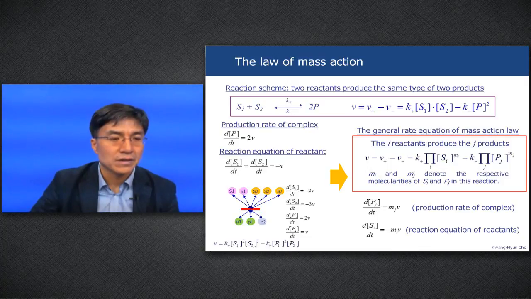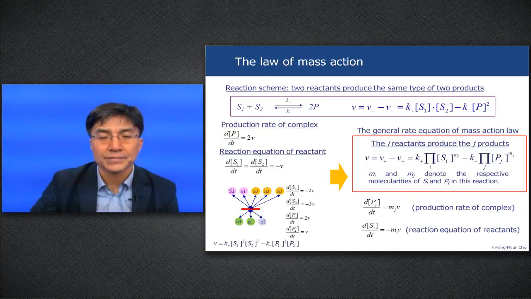So there is an increasing term that is proportional to S1 and S2, and a decreasing term proportional to P1 and P2. And there is an index proportional to the number of molecules being used for this production and decrease.